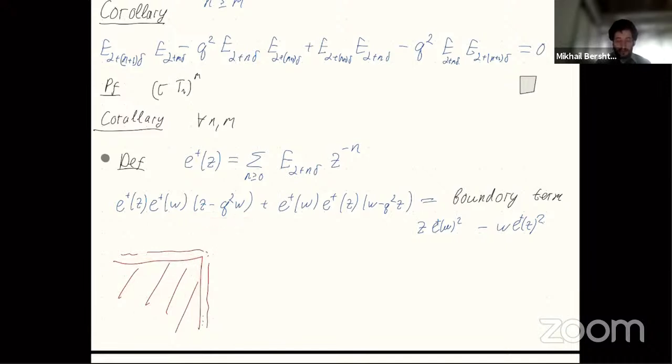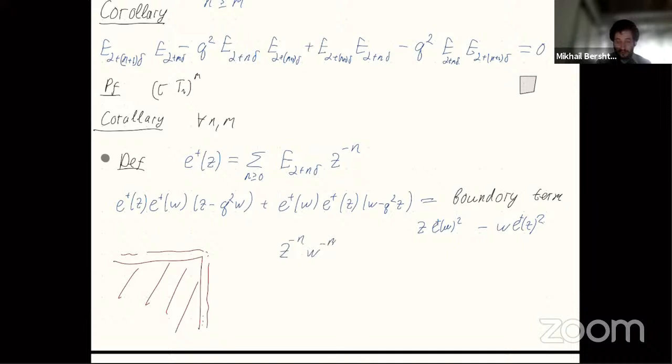And the claim is that all interior parts vanish on the left side. If you compute on the left side the coefficient of Z to the power minus N, W to the power minus M, it will vanish if N and M are non-negative.